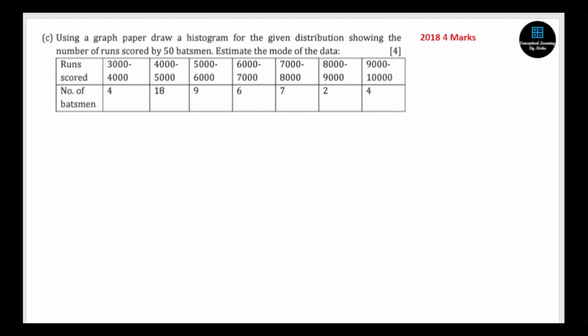Now this is a 4-marker question from the 2018 paper, where we have to draw the histogram for the given distribution to find the runs scored by 50 batsmen. The data is given here. Based on that, first we have to make the histogram and then find the mode of the data. So I'll quickly plot the graph.